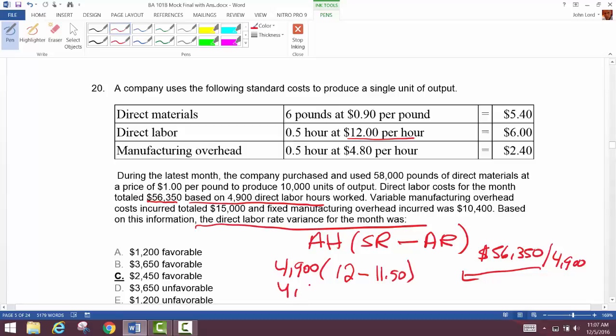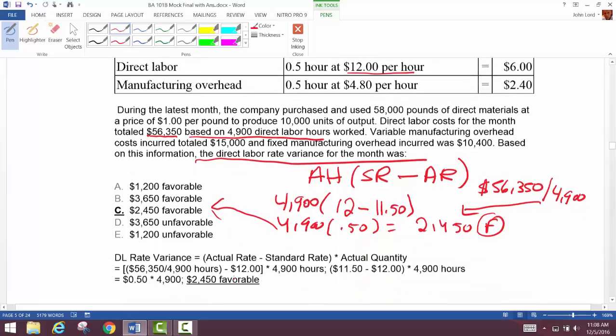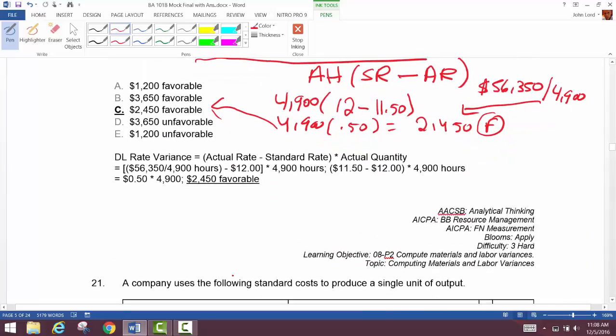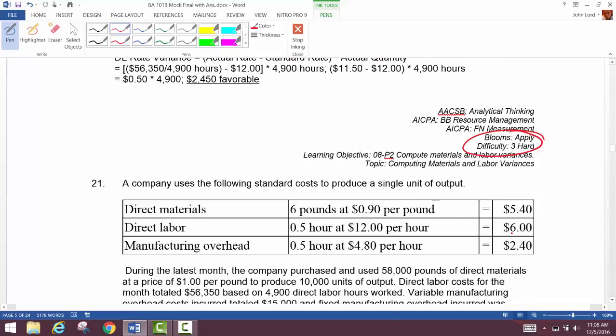So 4,900 times 50 cents is going to give us 2,450. And that's what, favorable? I don't think so. Okay.